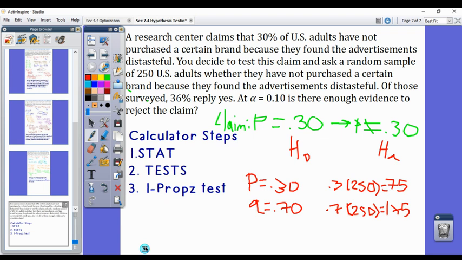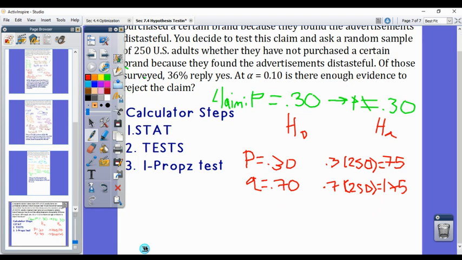Okay, so now I'm going to label the rest of my information based on how it's going to look when you type it in the calculator. Okay, so for the calculator, you're going to have P naught, and that's going to equal 0.30. So it's pretty much like what you're testing with your claim. For X, you are going to take the percentage that you found from your survey.